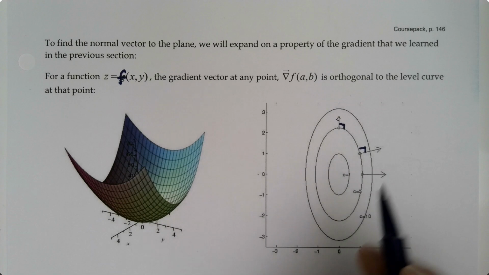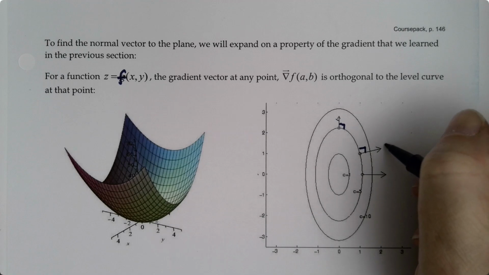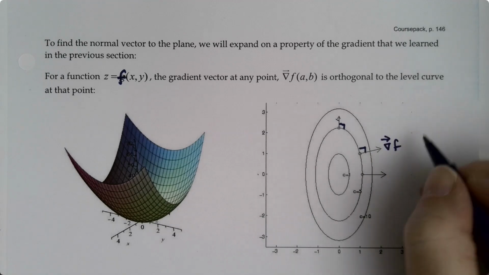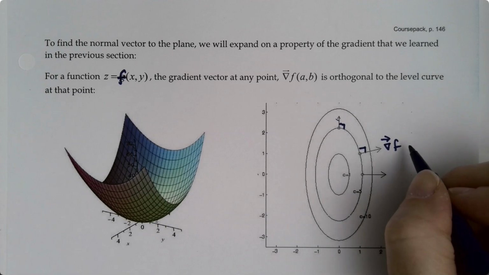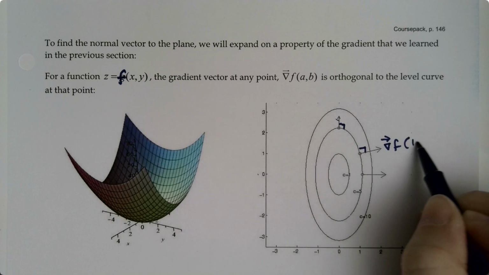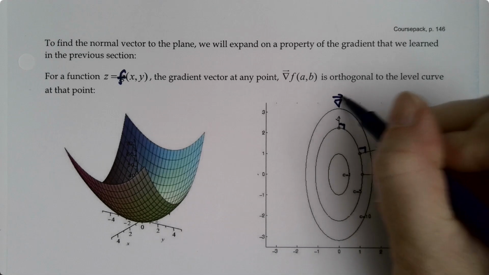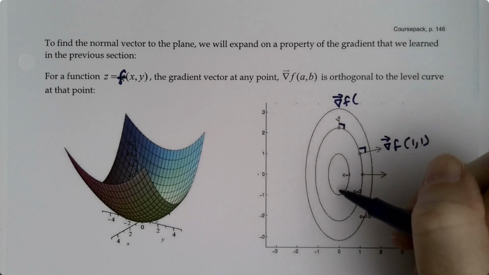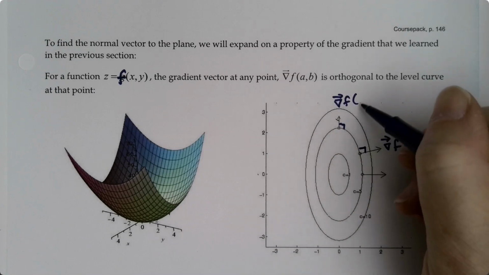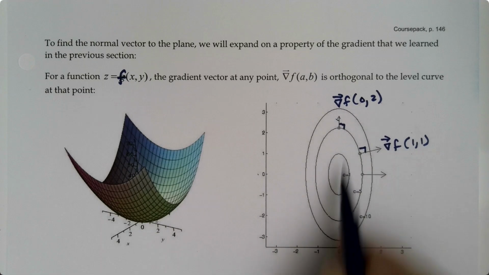They have to be. So I'll just make a note here. This is the gradient of f at some particular point, and it's orthogonal. In this case, it looks like it's about 1, 1. Or this one up here is the gradient of f at, it looks like 0, 2, because the 0 axis is actually going down the middle of this.